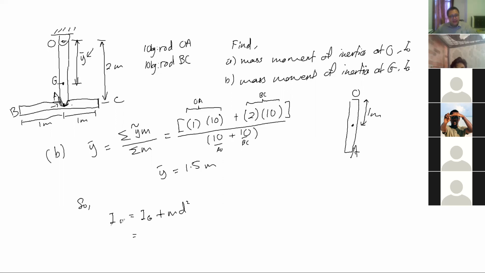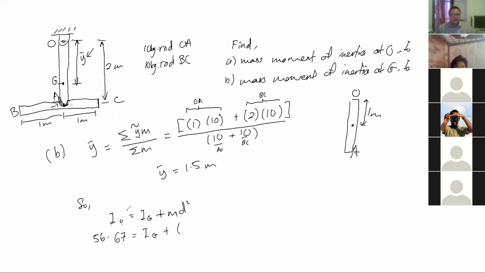And I_O we already determined before, the value is 56.67, equals I_G plus m.